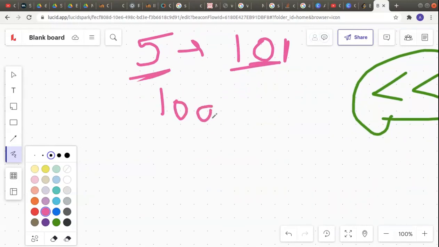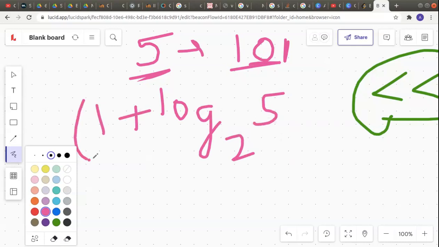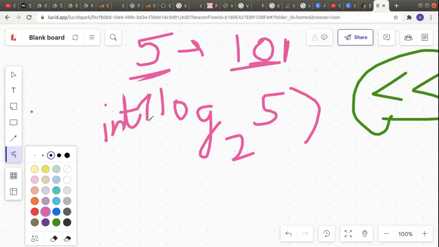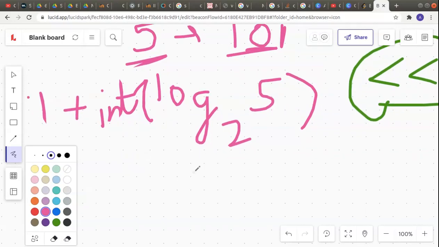So we can do log of base 2 of 5, and we can do plus 1. If we do int of this, then that will help us get the binary representation length. So we do int of log 5 base 2 plus 1.